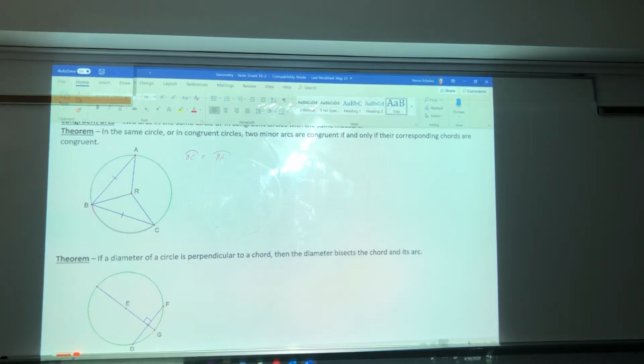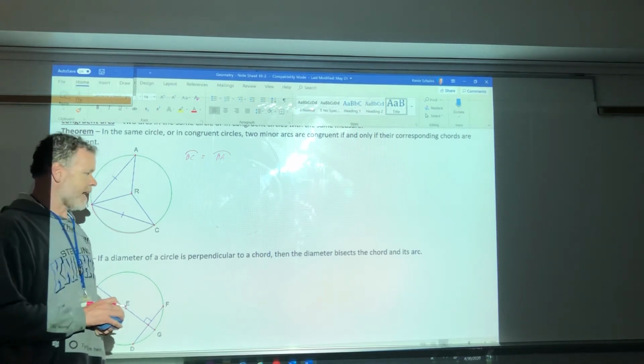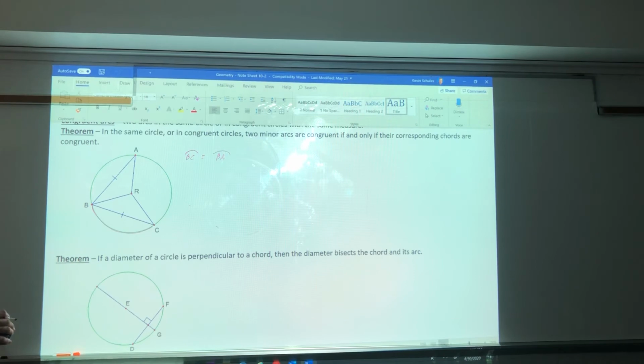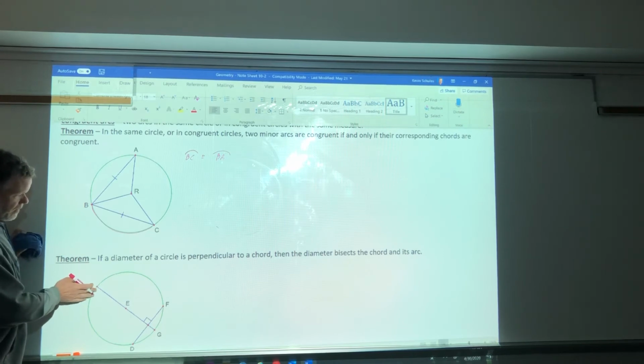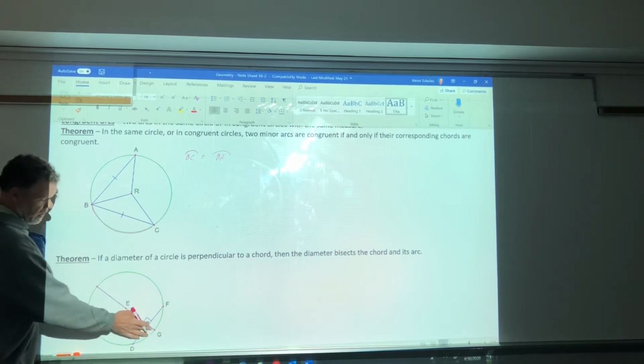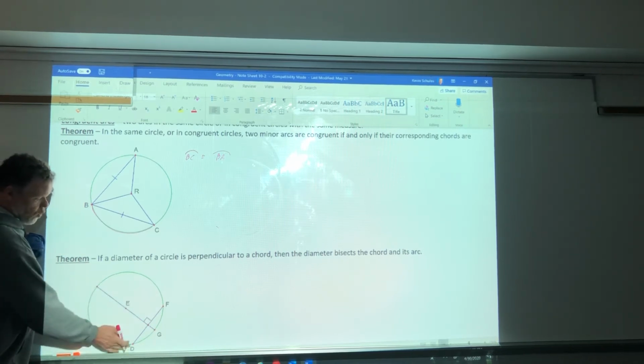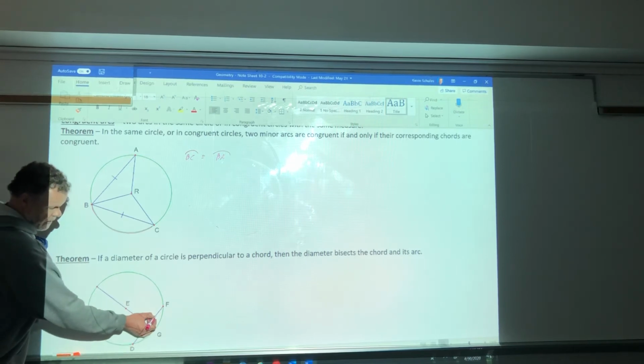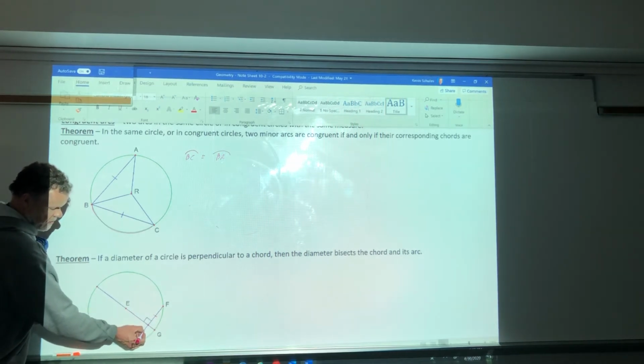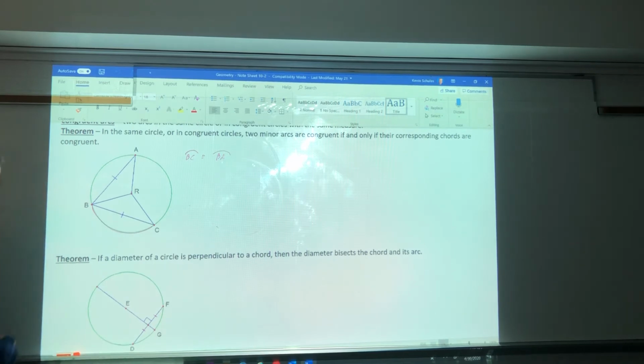The next theorem we're going to look at is that if a diameter of a circle is perpendicular to a chord, then the diameter bisects the chord and its arc. Okay, so basically they're saying here that if you have the diameter of a circle right here and it bisects a chord, then these two segments are going to be congruent.